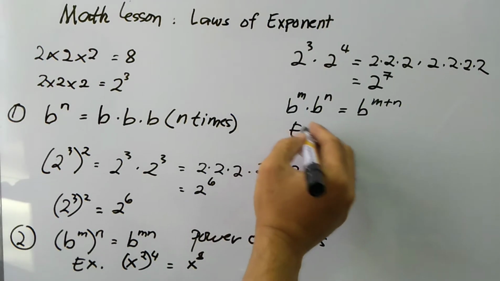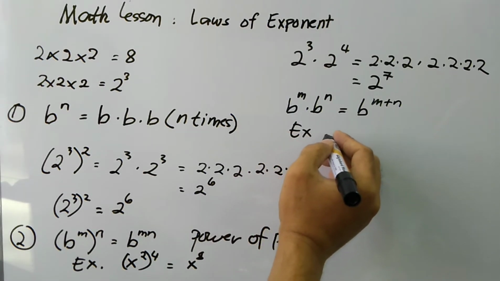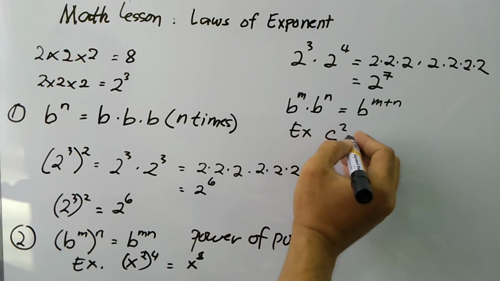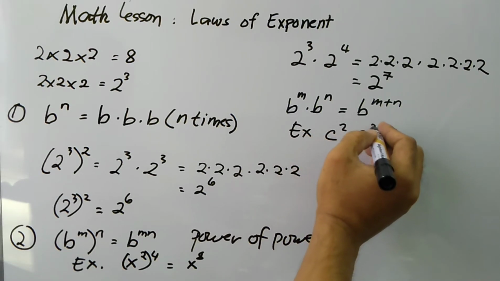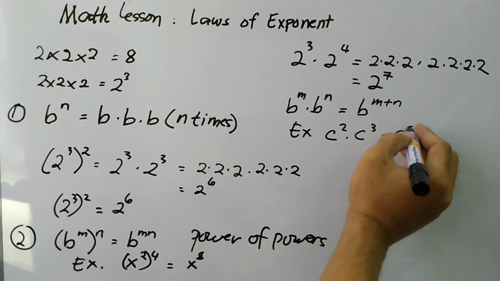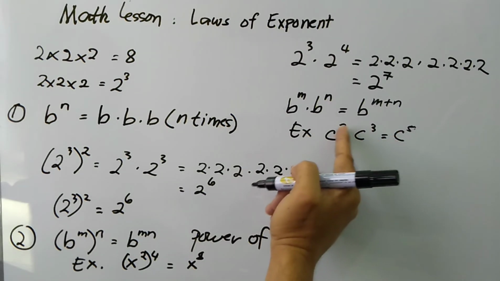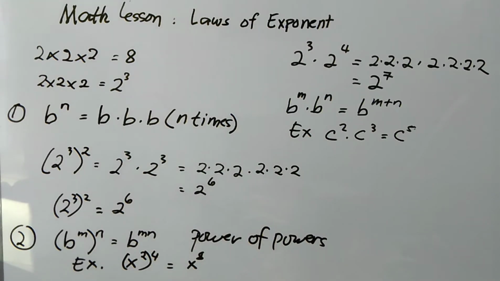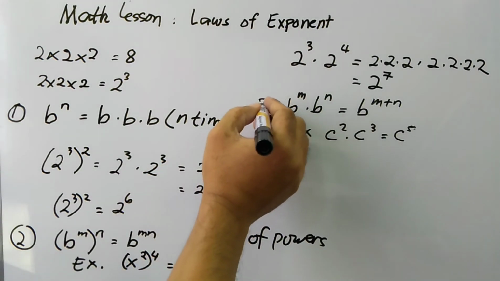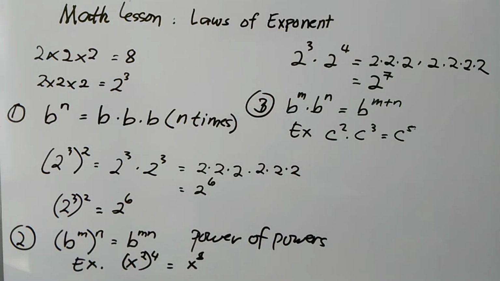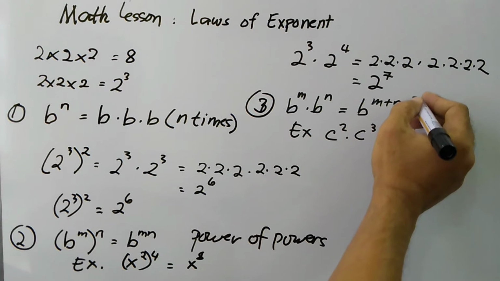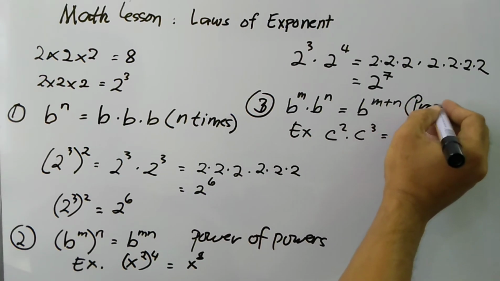For example, we have c squared times c cubed equals c raised to 5. Just add the exponents, 2 plus 3, and the answer is 5. So we have c raised to 5. This is the third law, and this law is called the product of powers.